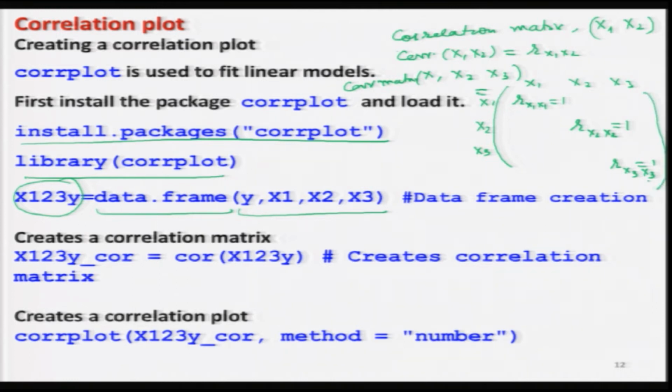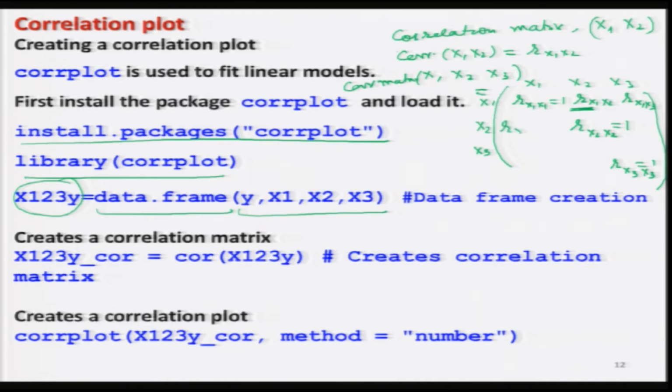Now, coming to the other elements, this is the correlation coefficient between x1 and x2, and the next element will be the correlation coefficient between x1 and x3. This is going to be a symmetric matrix, because the correlation coefficient between x1 and x2 is the same as the correlation coefficient between x2 and x1.